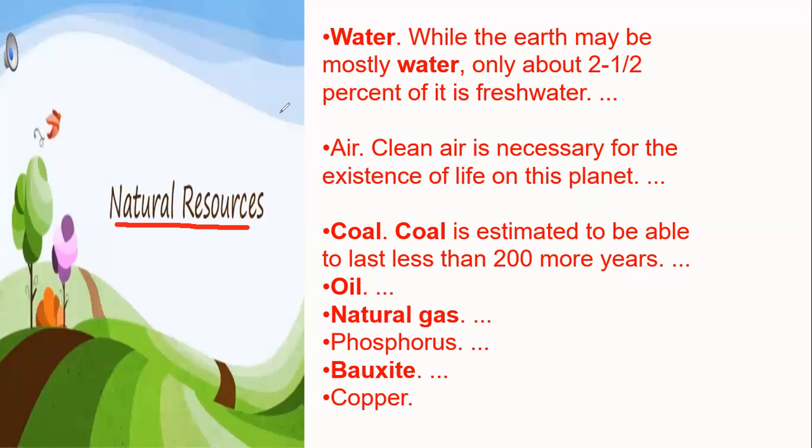The resources of coal are going to be finished, because we are using it for generating electricity, for industrial purposes, and for domestic use. Because of that usage, coal is going to end after some time. Then oil, natural gas, phosphorus, copper, these all are natural resources.